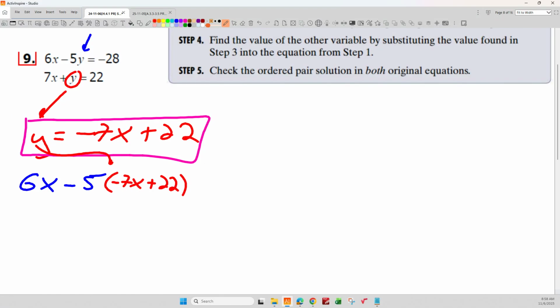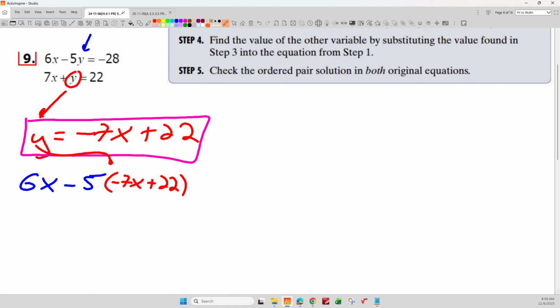Negative 5 minus 7x wouldn't make any sense. And even if that were a positive number, it would look like the first term is the only one being multiplied by negative 5. Anytime I substitute a quantity that's more than one term, it has to be in parentheses. It's best to always put it in parentheses.